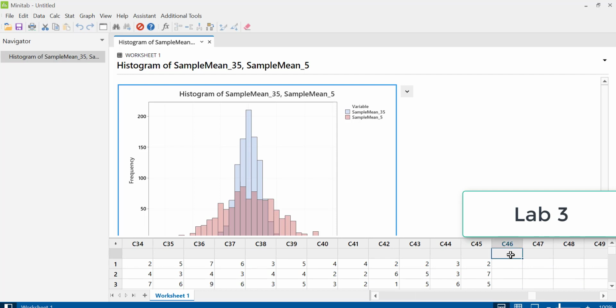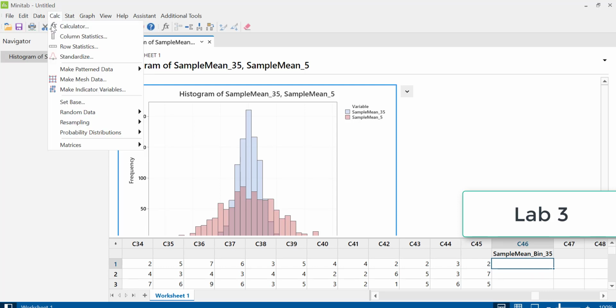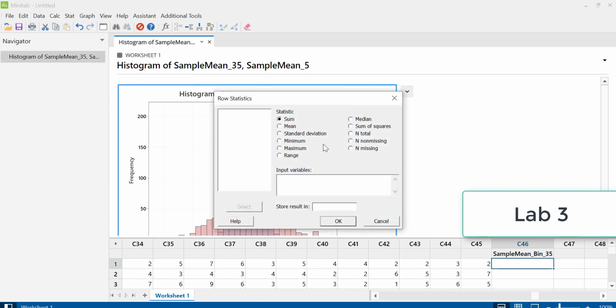And then we need to use the calculator. We use row statistics, so we calculate every row. What's the statistic? Mean. Input is from C11 to C45. Store results here, sample mean.